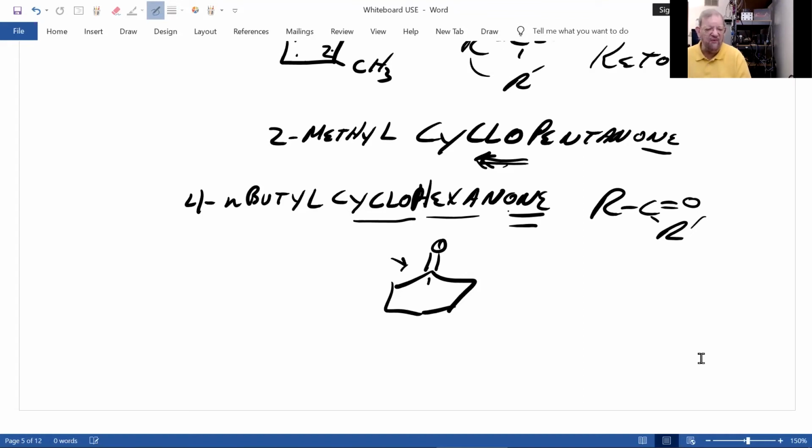This is always going to be 1. On carbon 4, I have an N-butyl, and this is carbon 4. And you can make it going to the right or the left. It's the same thing. And this is 4-N-butyl cyclohexanone.